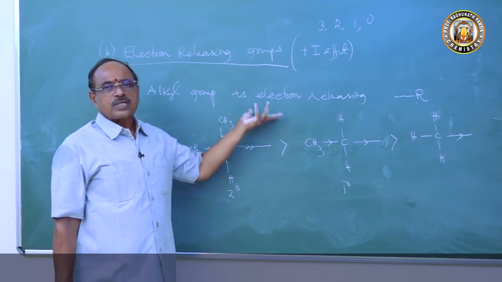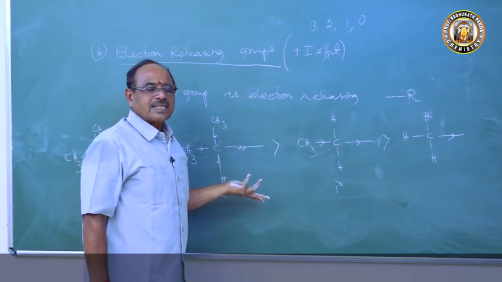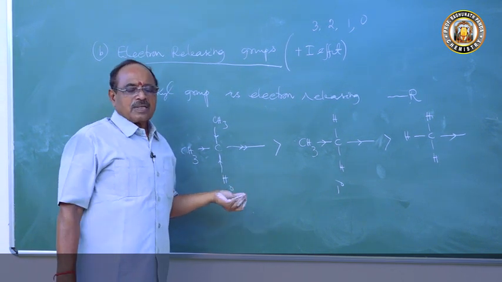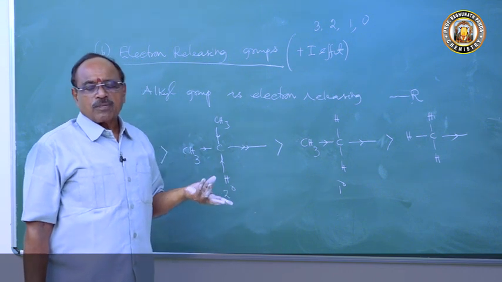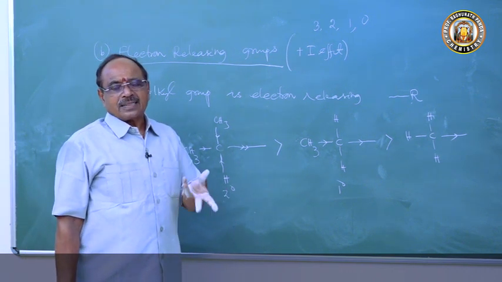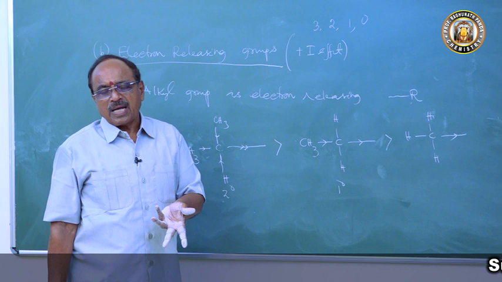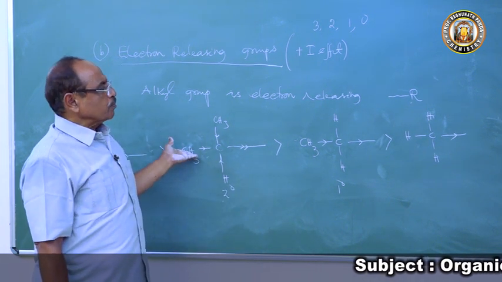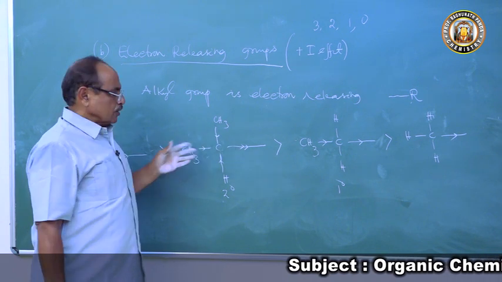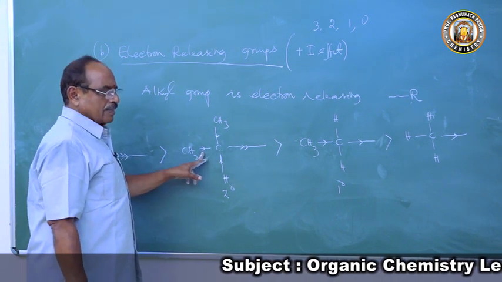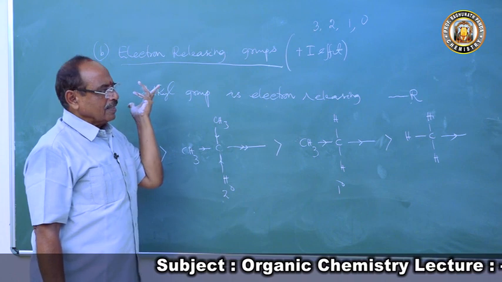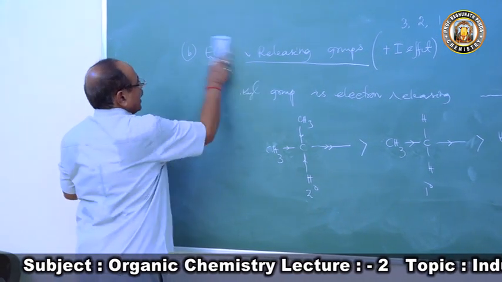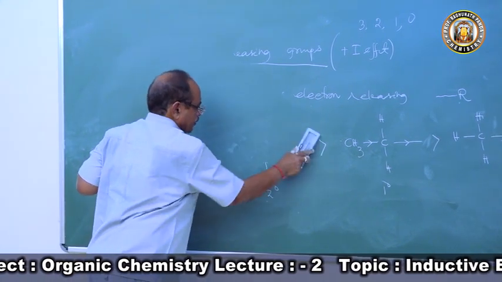Electron attracting groups are the nitro group, fluorine, then carbonyl group, then halogens, chlorine, bromine, iodine, then OH group, then phenyl group. They cause the minus I effect. And electron releasing groups are the methyl group, and the tertiary alkyl group is more electron releasing than that. So these are what is inductive effect, the types of inductive effect, and which groups cause the inductive effect.